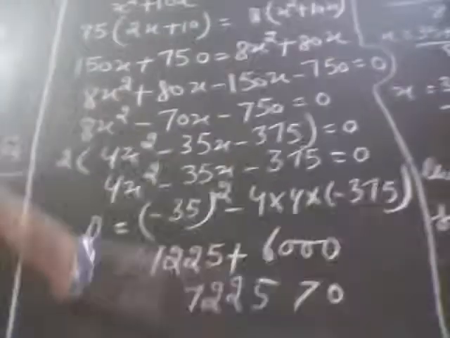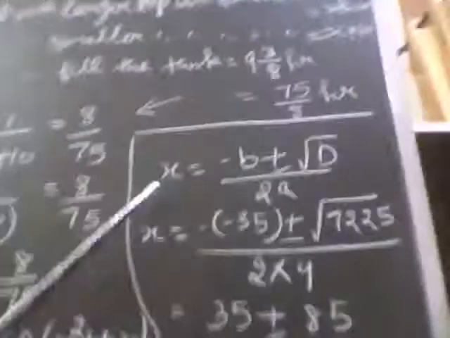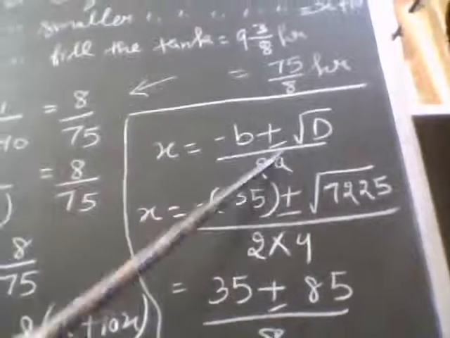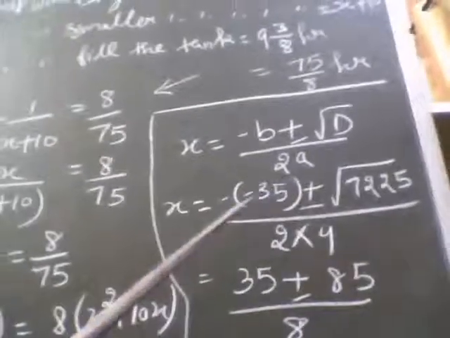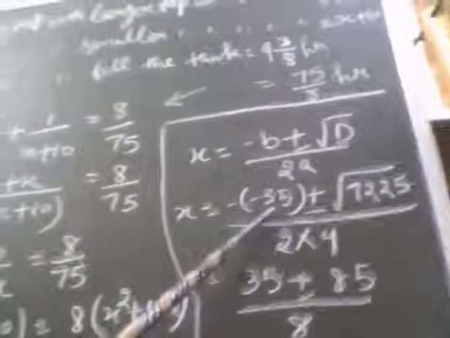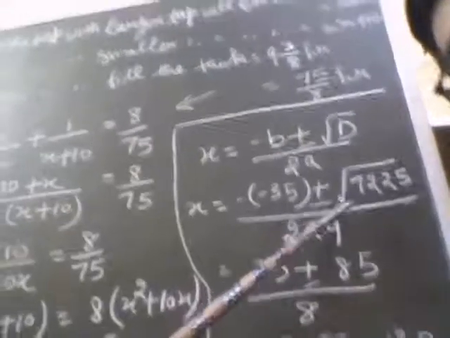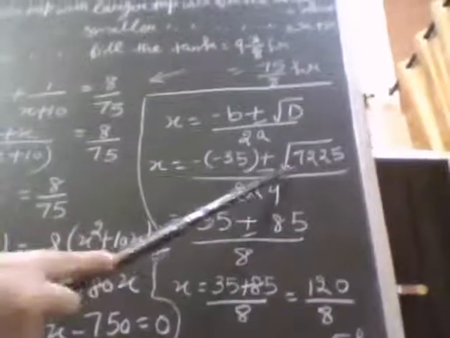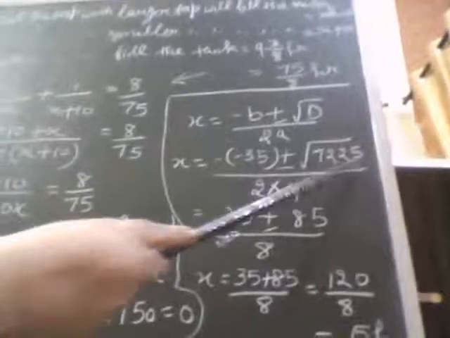Now we'll find out the roots. For finding the roots, the formula is x is equal to minus b plus minus root d upon 2a. So x is equal to minus of minus 35 plus minus root 7225 upon 2 into 4. Minus minus becomes plus 35, and root of 7225 is 85, upon 4 twos are 8.